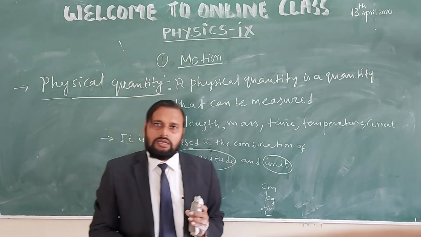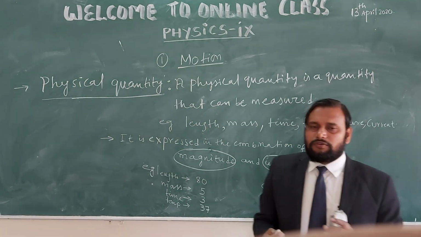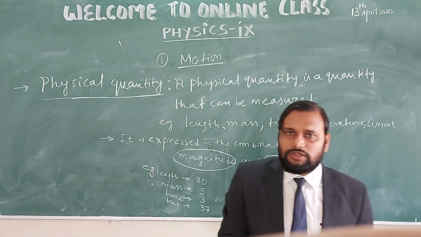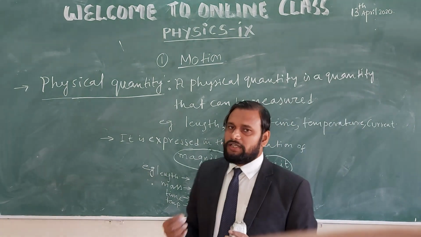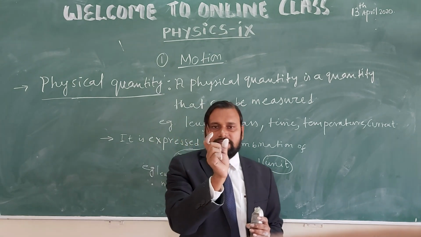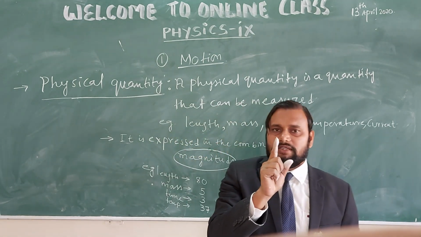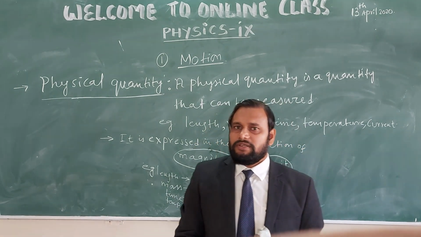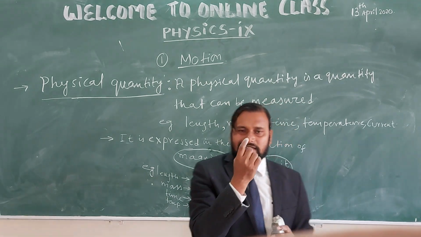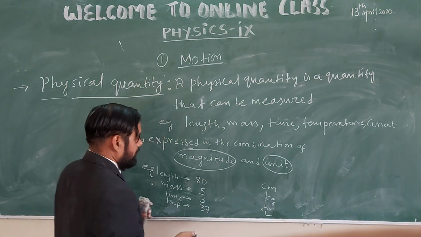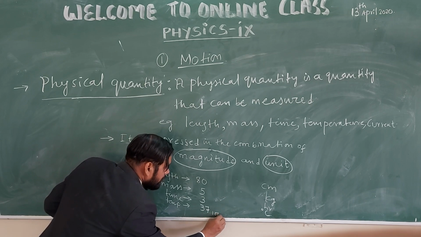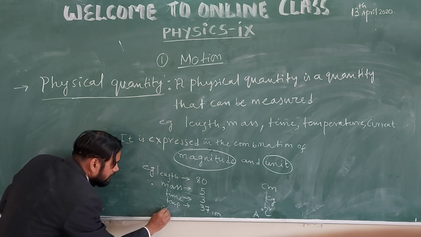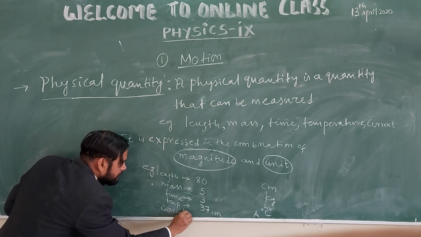So I told the student that we want to measure the value of current which is flowing in the wire. So I brought an ammeter. Ammeter is a device through which we can measure electric current. With the help of this device, we have measured the value of current, and the current is 100 ampere. So 100 is magnitude and ampere is its unit. That means we have measured current.